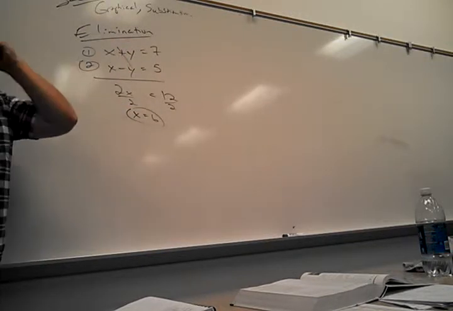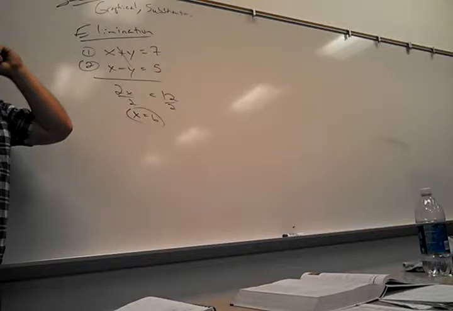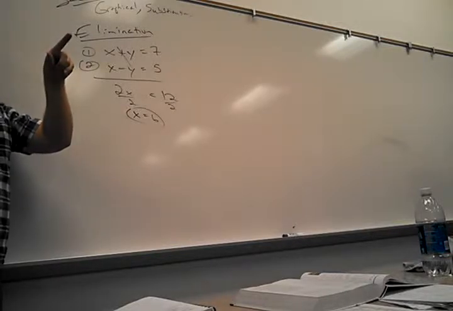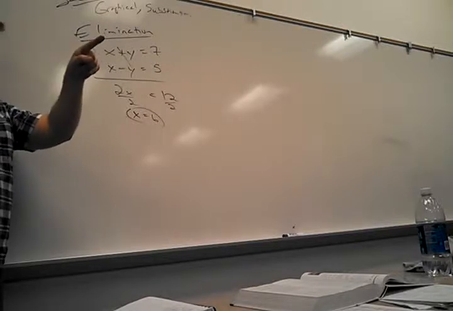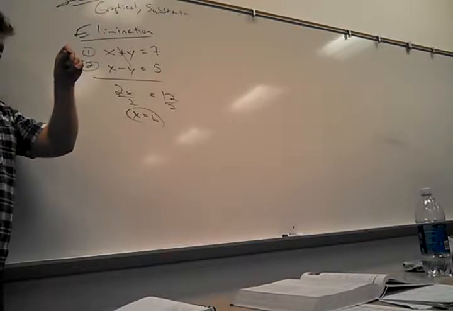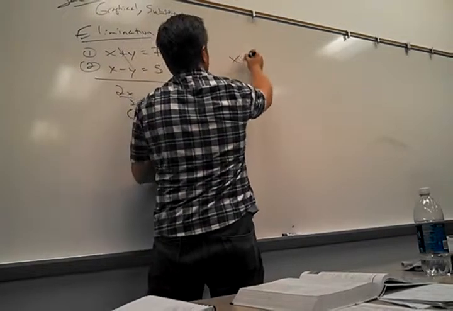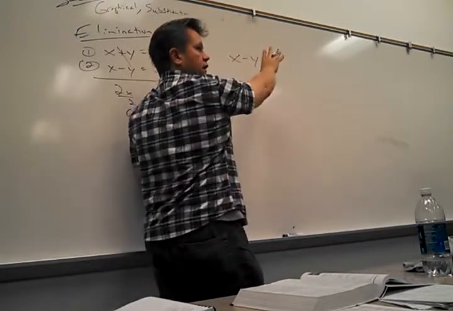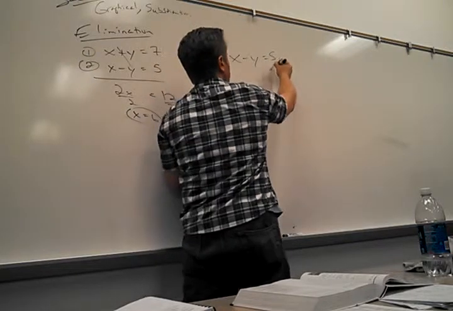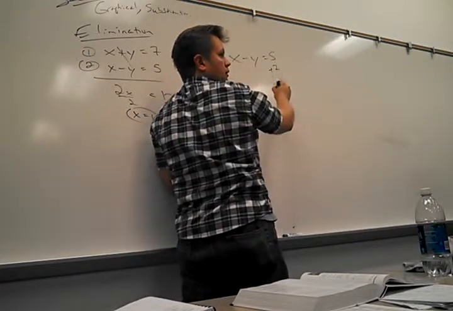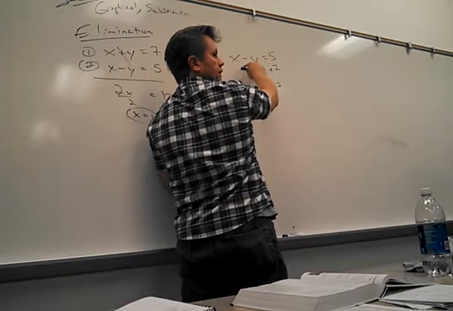In the very beginning, when I was adding 7 to both sides, I was adding the same equation to both sides. So if I have x minus y equals 5 sitting there, if I add 7 to this side, I have to also add 7 to this side.